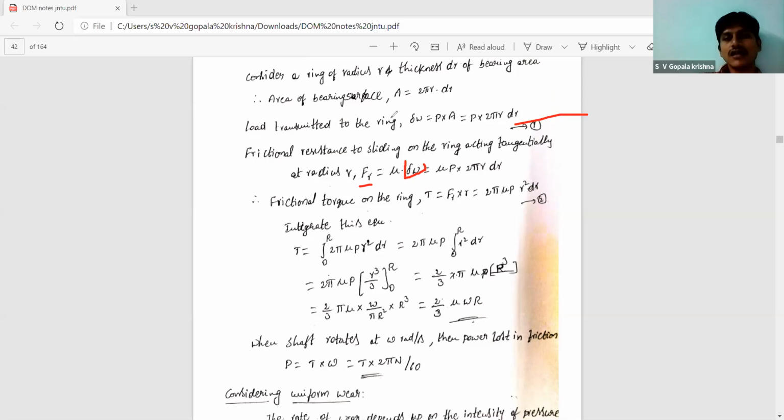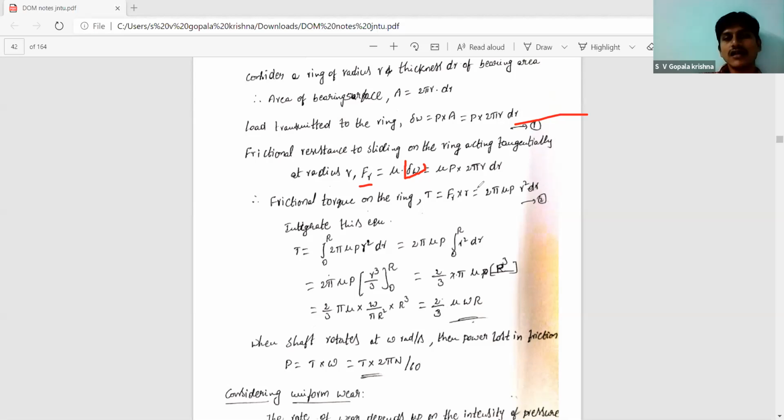Ring radius, ring area, load transmitted to the ring, frictional resistance to the ring, and frictional torque on the ring. Now we can find the frictional torque value. From the torque point of view, it is frictional resistance into radius.